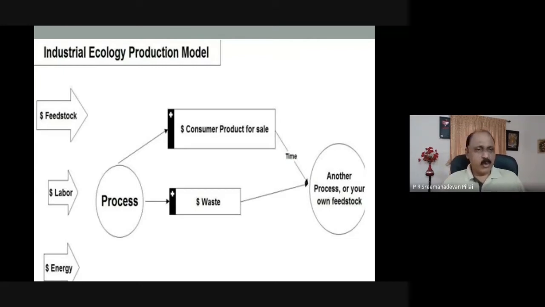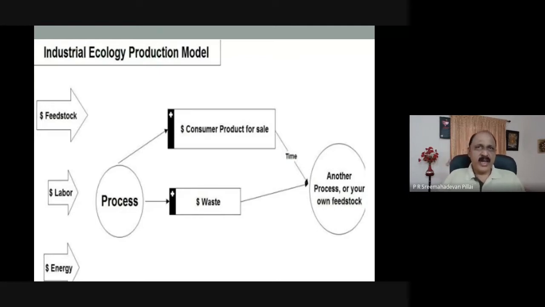Okay. So in this model for industrial ecology, we have got a feedstock, which is the input materials. We have got labor, which is effort required for production, and we need energy. Energy is actually the process converter, and all those things give rise to what is called process. And at the end of the process, we get a product or waste.